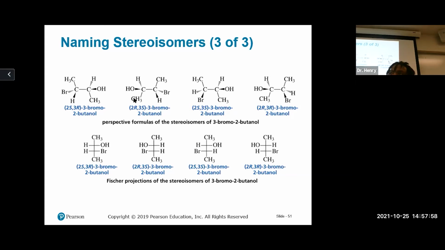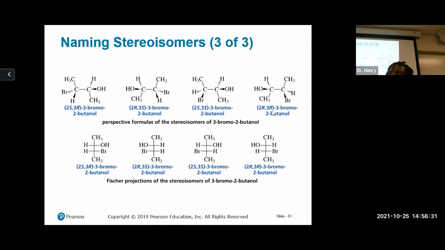These are 2S, 3R; 2R, 3S; this one is 2S, 3S; this one is 2R, 3R.